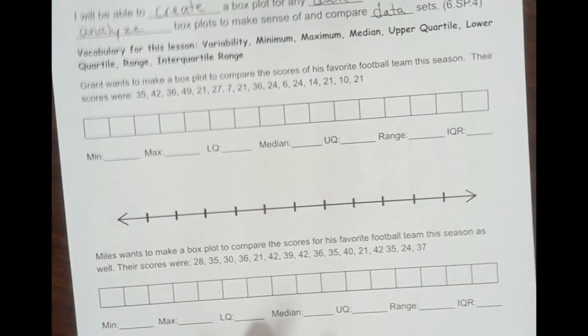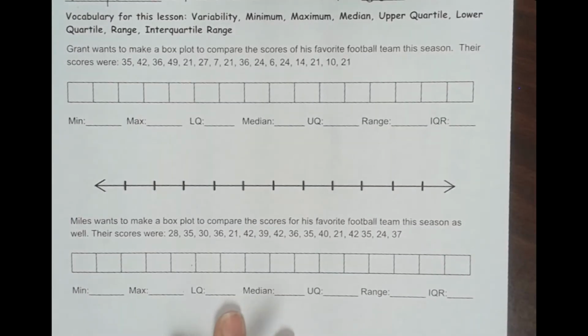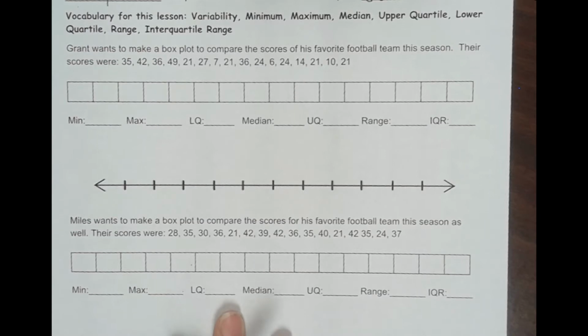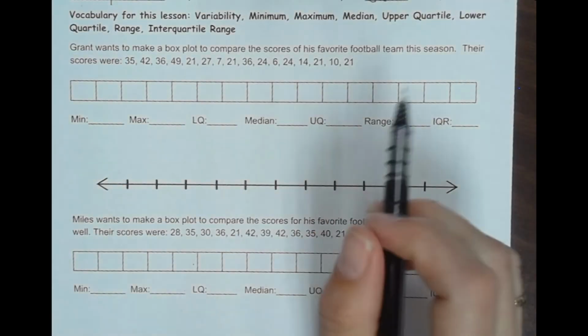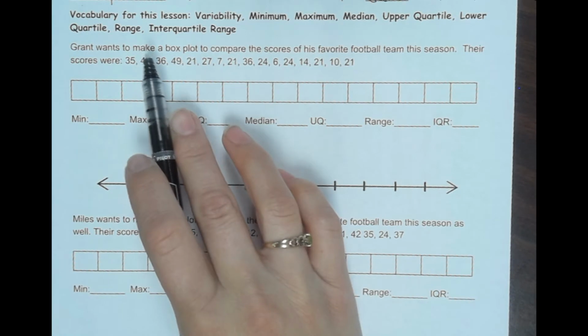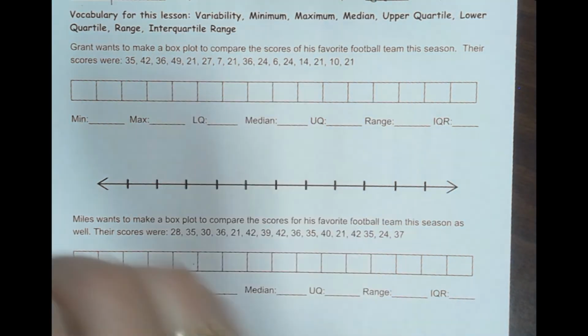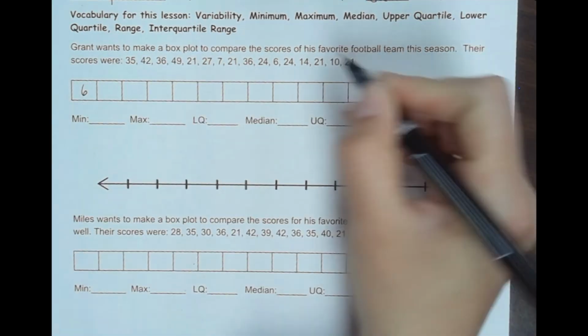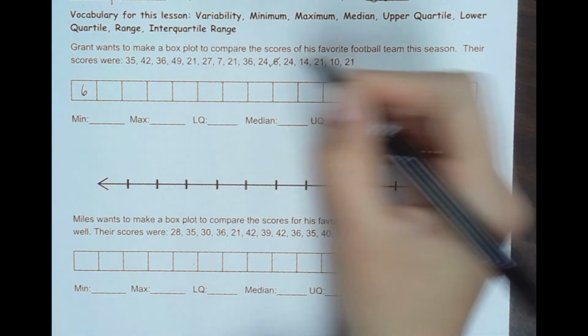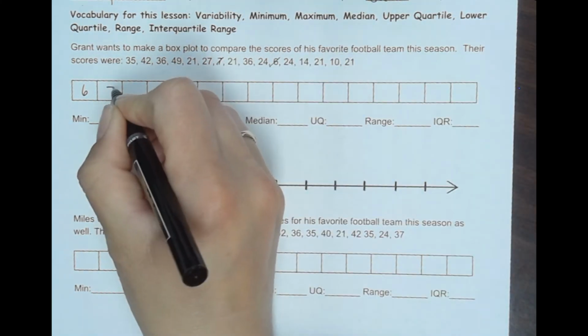Alright, we have some data here. It says Grant wants to make a box plot to compare the scores of his favorite football team this season. Their scores were, okay, we got a bunch of them. Before we do anything, let's put them in order from least to greatest. The lowest score they had was 6. Next lowest was 7.